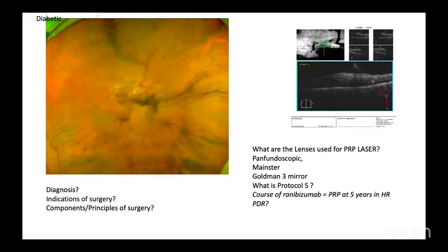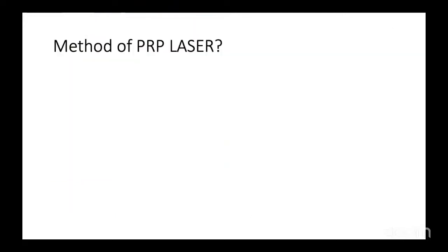But in clinical practice, I don't think we are doing only ranibizumab in case of proliferative diabetic retinopathy. So there is the CLARITY study, which is a similar study with aflibercept, which is saying aflibercept has a similar outcome as PRP.